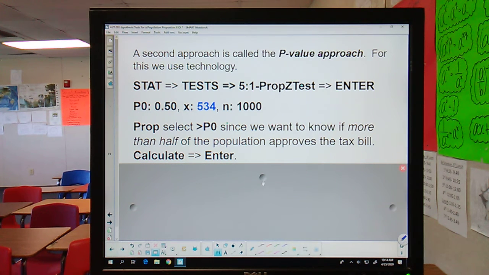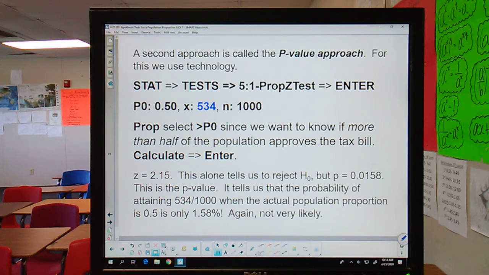Now, when you do, you should see some numbers there. You should see a z-score on your screen that says 2.1503488. I rounded it to 2 places simply because that's how the z-scores are in table 5 in your book. Now, this alone tells us to reject H sub 0.